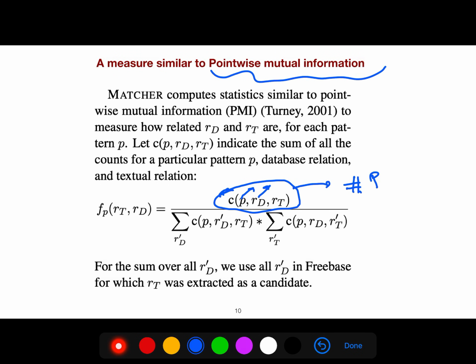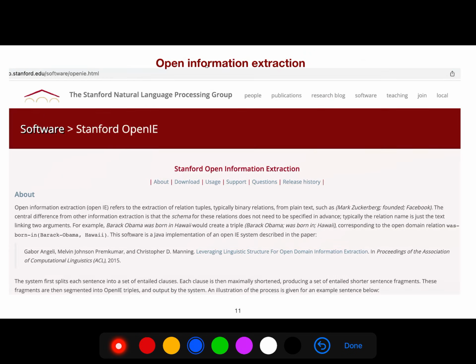Database relation, this is the database relation, and the textual relation. And so this says what is the mutual information between the database relation and the text relation, which is really interesting.